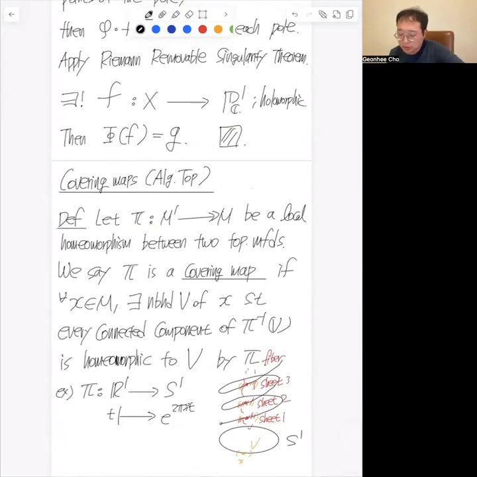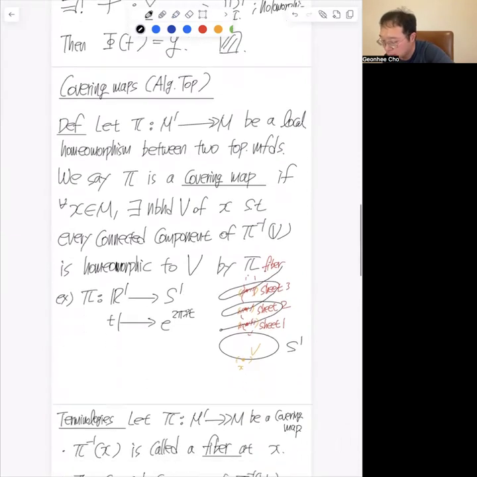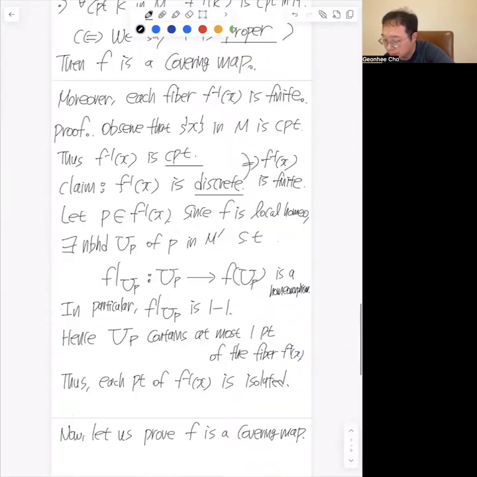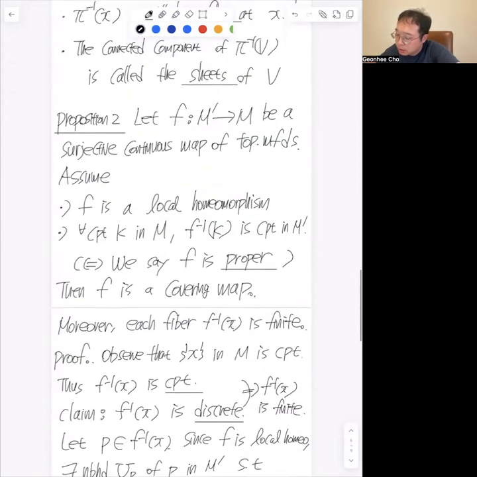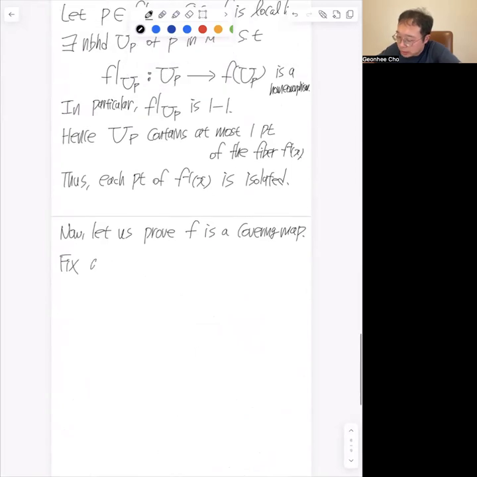Whatever point we choose, we should be able to find a small neighborhood such that each connected component of the inverse image is homeomorphic to the chosen neighborhood. That's what we need to show. In order to prove F is a covering map, let us take any point from the codomain.